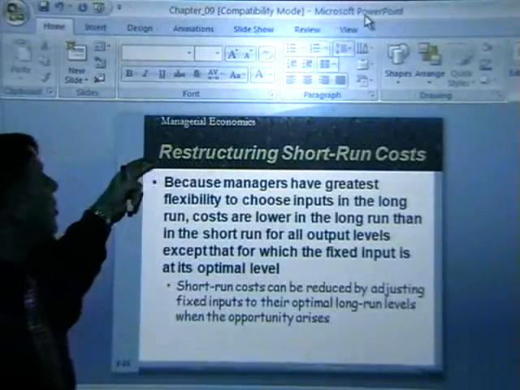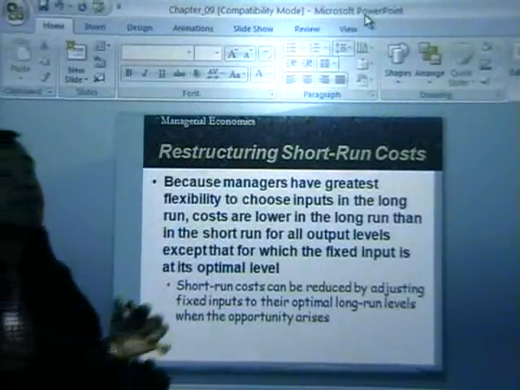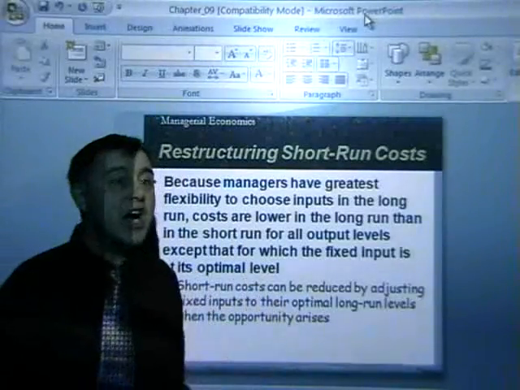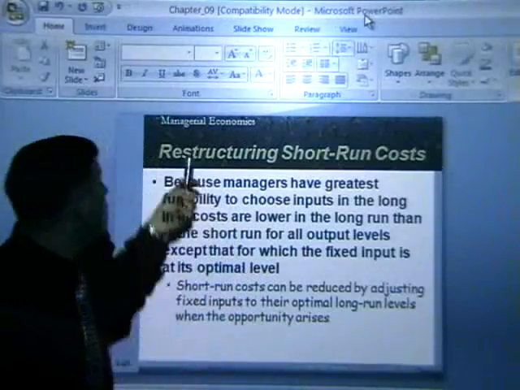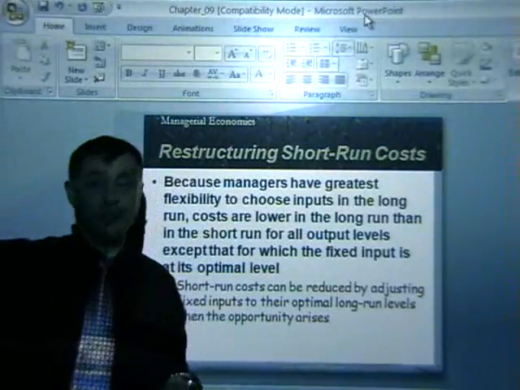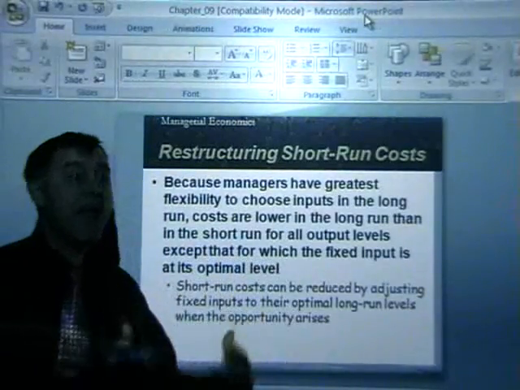Alright, now restructuring and short run cost. Restructuring simply means changing the size of the company significantly. Restructuring simply means either expanding dramatically or, more often, cutting down dramatically on capital.